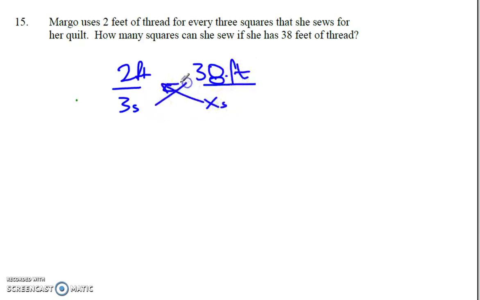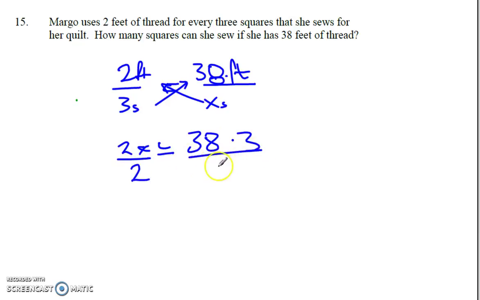Cross multiply to solve. You get 2x is equal to 38 times 3, and then divide by 2. X is equal to, calculate this out, and we get 57 squares.